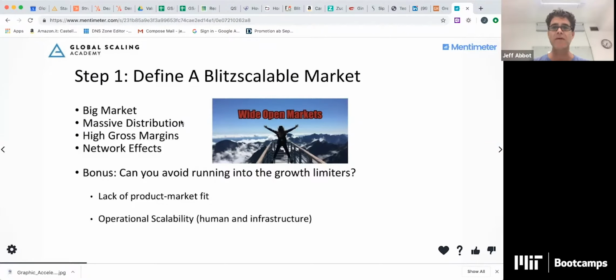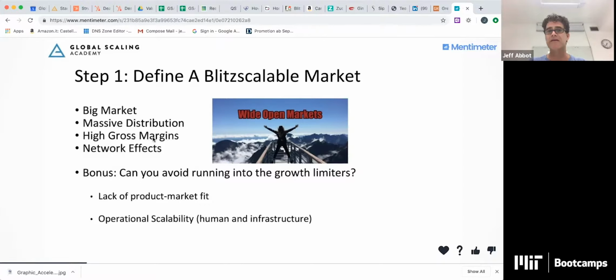It's also a business that has massive distribution, or rather where you can gain massive distribution through partnerships or through virality. A blitzscalable business is also one that has intrinsically high gross margins. And it's also one that exhibits strong network effects.